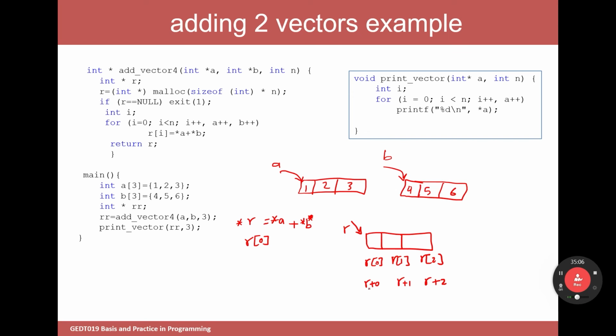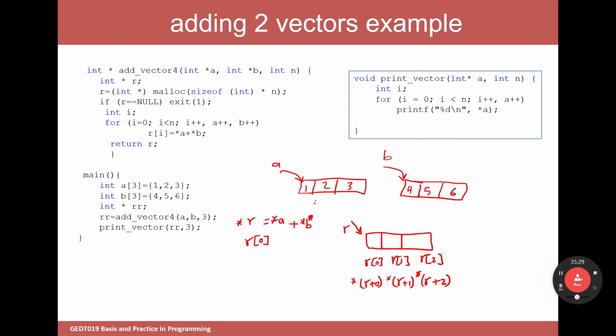The address of this one and this one are the same. R0 means the value inside this element, this one is the value inside this element, and this one is the value inside this element.